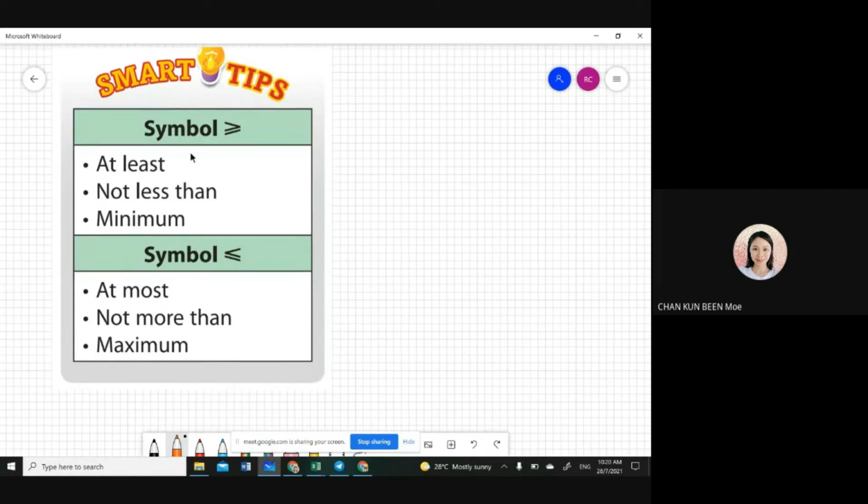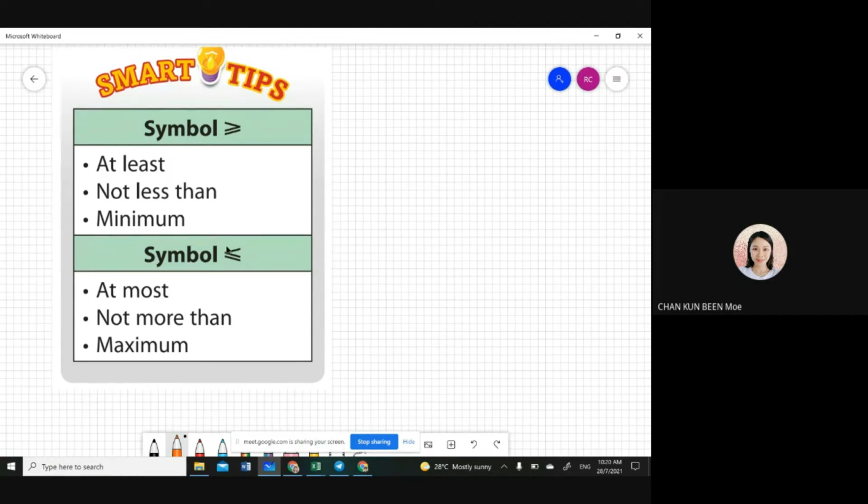I have at least 10 ringgit, meaning I have 10 ringgit and above. Not less than also uses the same symbol. I have not less than 3 books, meaning I have 3 books and above. Minimum, same thing. I have a minimum of 3 pencils, meaning I have 3 pencils and above. It can be 3, 4, or 5, and so on.